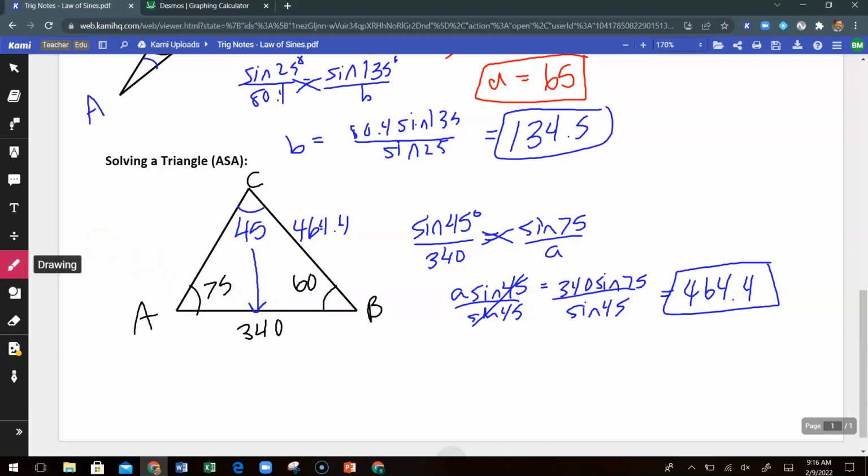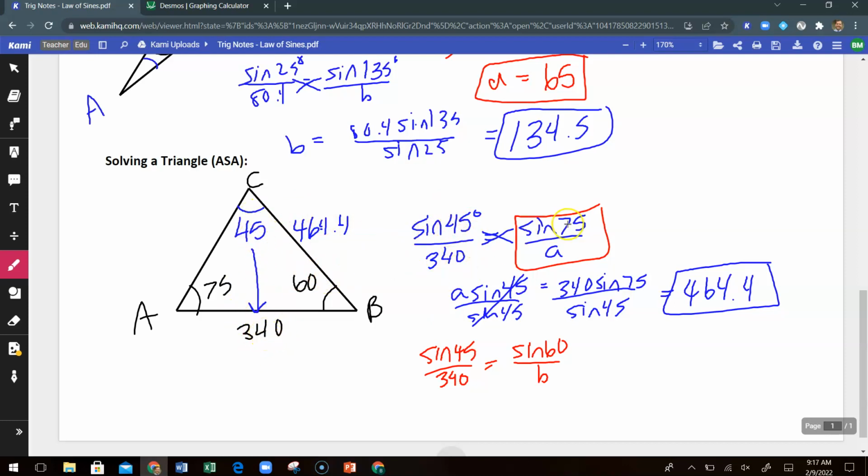And then the next thing I'm going to do is, again, solve for side length B. I'm essentially just going to replace this with sine of 60 over B. So I'm still going to have sine of 45 over 340, and now I'm going to do equals sine of 60 divided by B. Once I had side length A, I could really use A and set up the proportion with A and B and ignore C. But I always like to use the information that was given, that side length of 340.